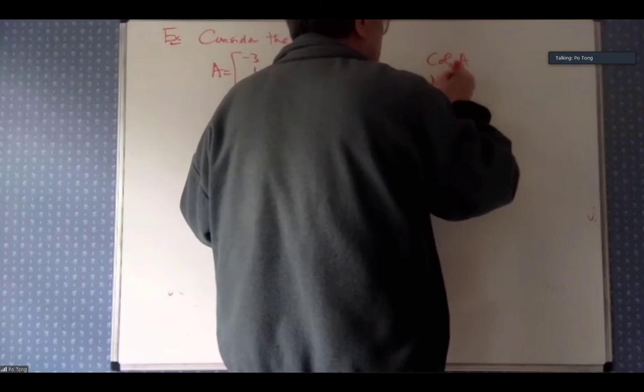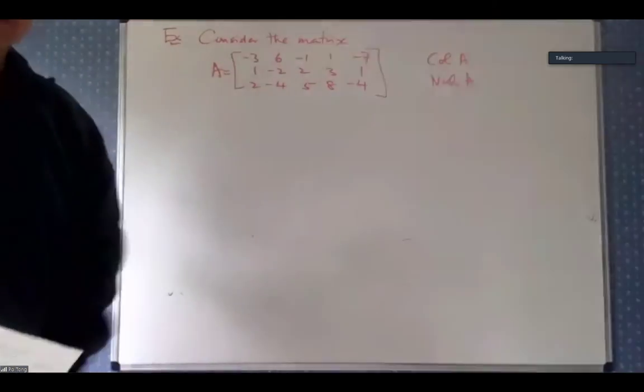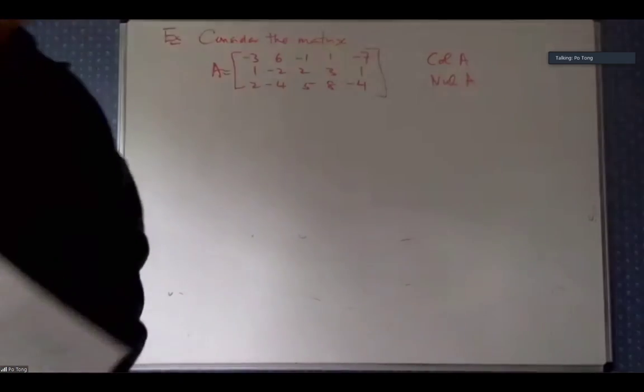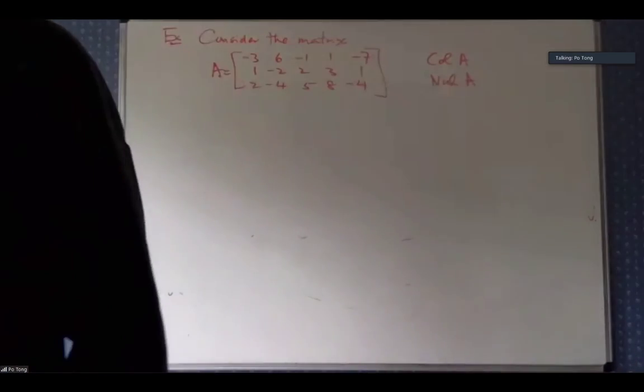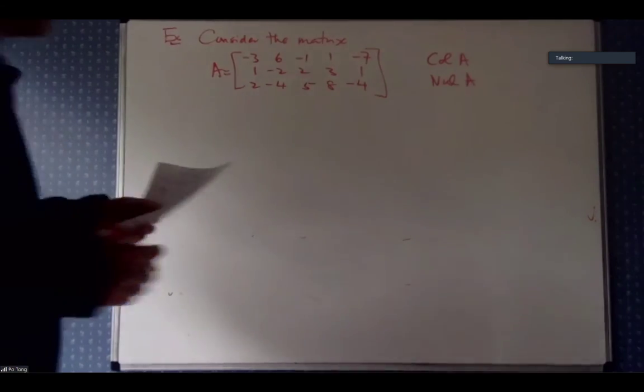I assume that you know what that means. Okay. Column space is the span by the columns of A. Null space is the solution of AX equal to 0. We have done this many times. Okay.